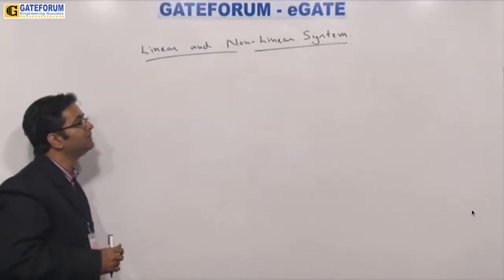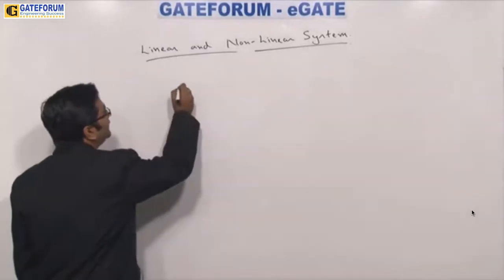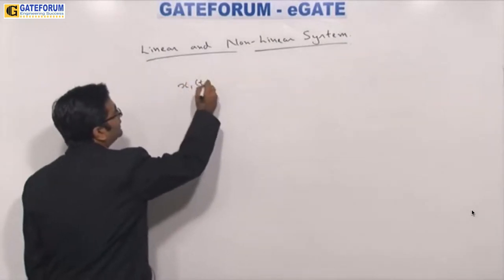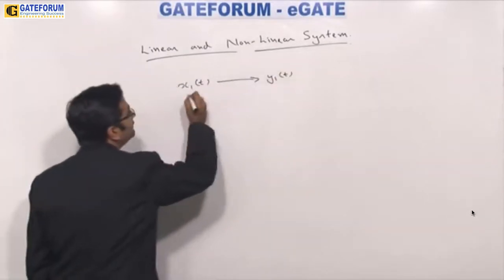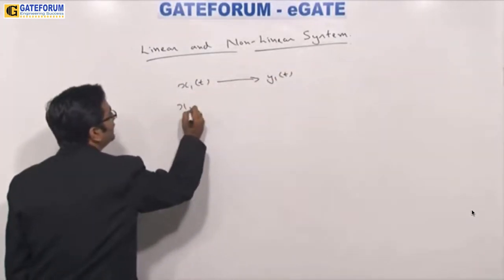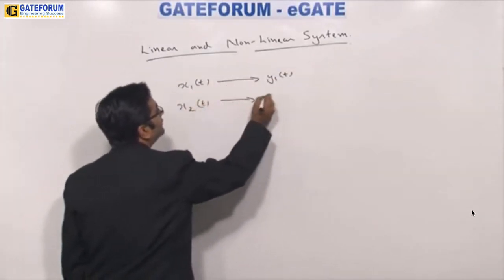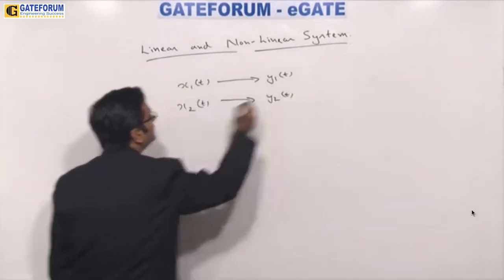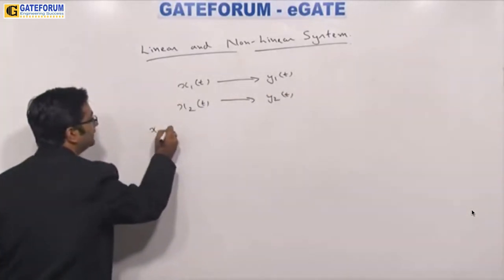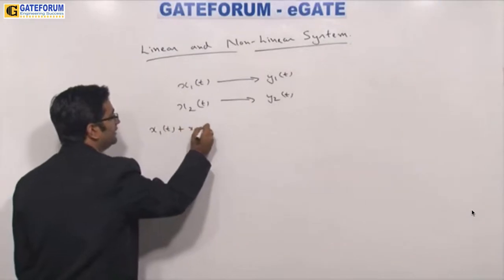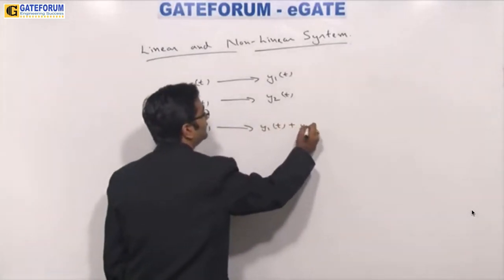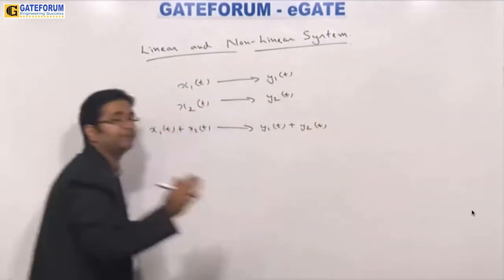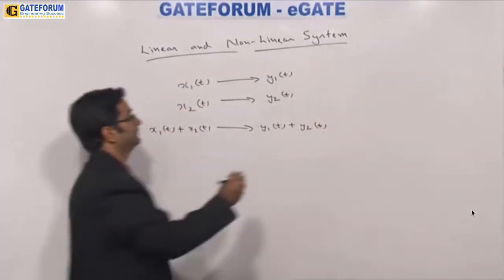The principle of superposition says that if there is a system for which input x1(t) gives output y1(t), and x2(t) gives output y2(t), then for the same system, if x1(t) plus x2(t) gives the output y1(t) plus y2(t), the principle of superposition is satisfied.